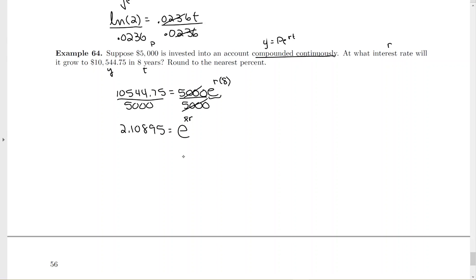Once the exponent's by itself, log base e of that big decimal, 2.10895, equals the power. Log base e is natural log. And then divide both sides by 8.